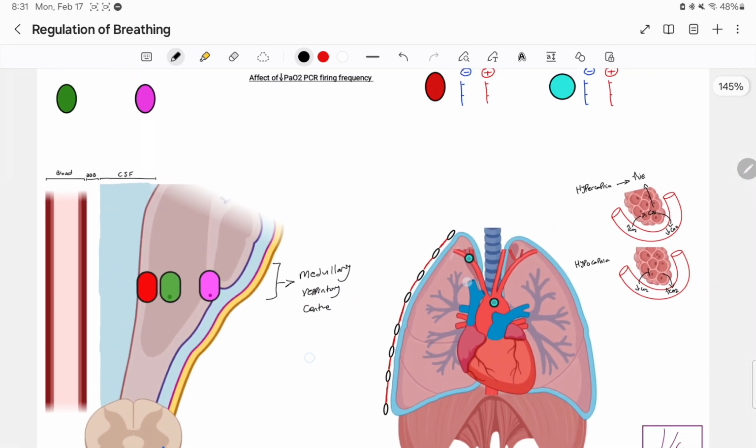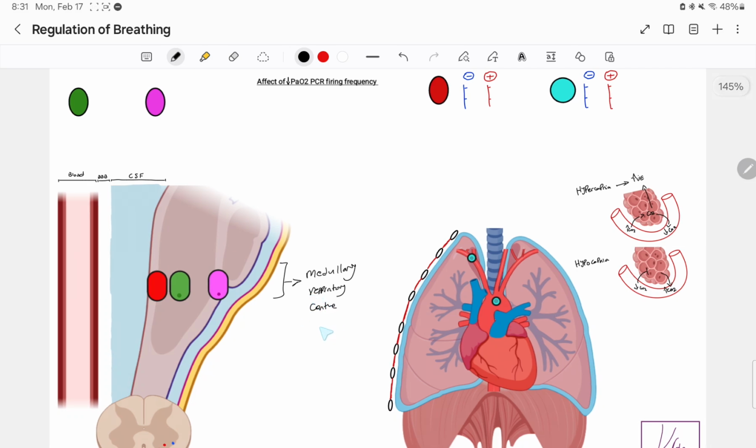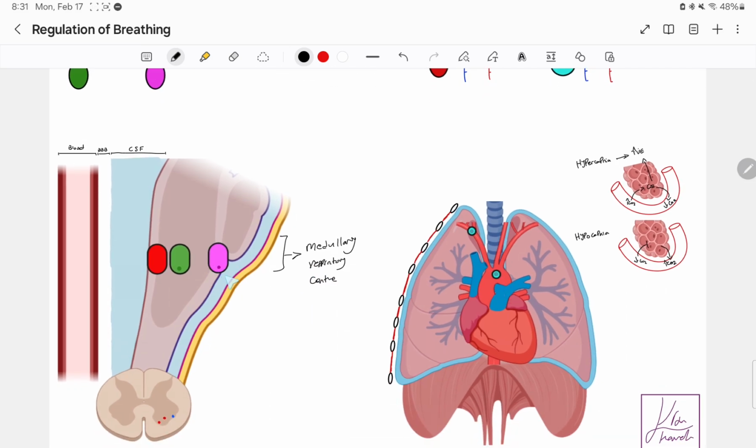Okay, now guys, the respiration is really just driven by a whole bunch of neurons and muscles. But how do these muscles contract? They need neurons, okay? But the neurons that tell those muscles to contract need other neurons to tell them, hey, you gotta go and tell that muscle to become active. How does all that work?